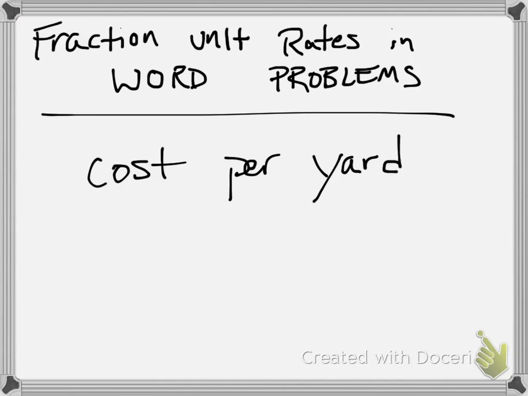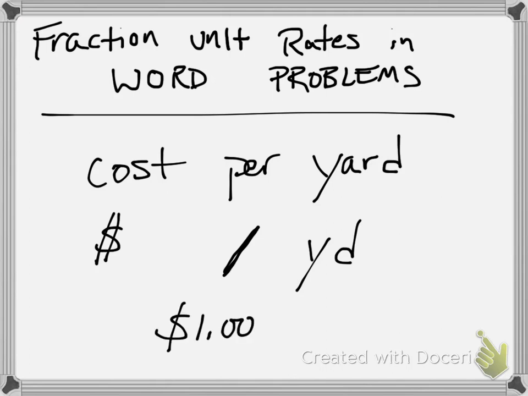Here's why it's important. We talked about per really meaning like division. So cost, that's always going to be in money. So I have cost per yard. So my final unit rate is going to be some amount of money, like, I don't know, $1 per yard.